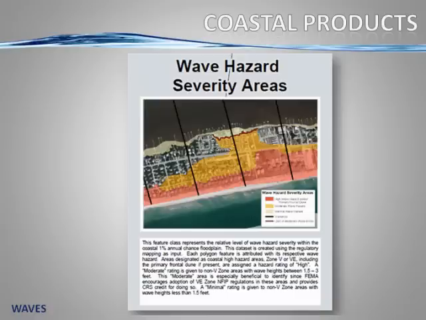Now, keep in mind, previous to this, none of this information was available to the public or to the town. It was just the map, V zone, A zone. So one of the people in your town can come to you and say, I live at this address, what's my risk for being inundated? And you can actually show these maps, and they can see it for themselves in a meaningful way.